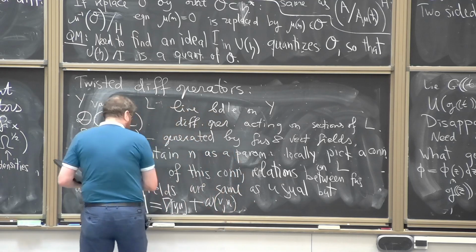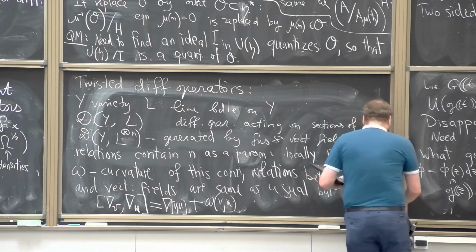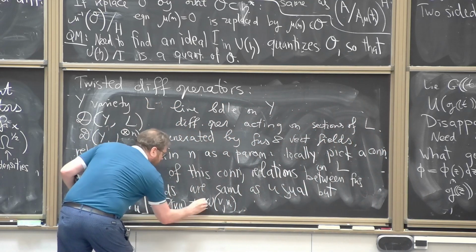We substitute two vector fields into V and U. So this is how to twist the differential operators on L, and on L to the n, we just have to put n in front.